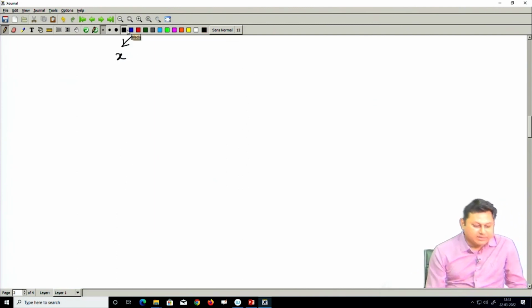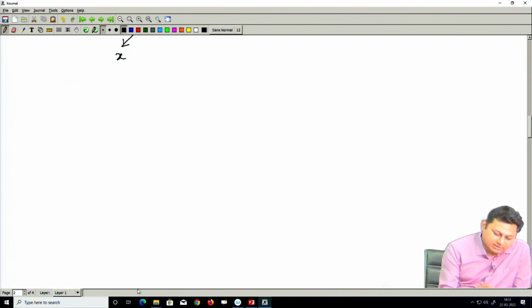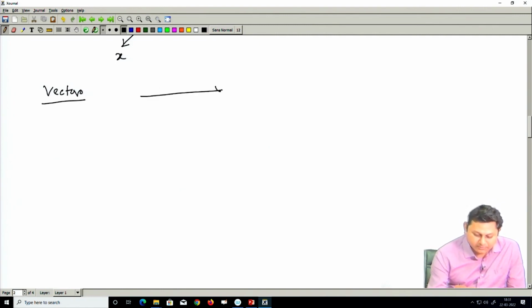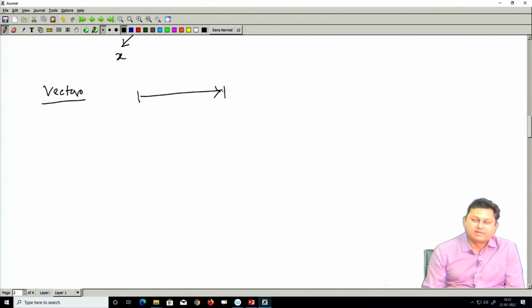Well, then let us directly understand the details about vectors, the properties of vectors. Vector, I already defined, is something which has a direction and magnitude. If I now represent this in a space, it is like an arrow, where the length of the arrow is the magnitude and the direction of the arrow gives the direction.